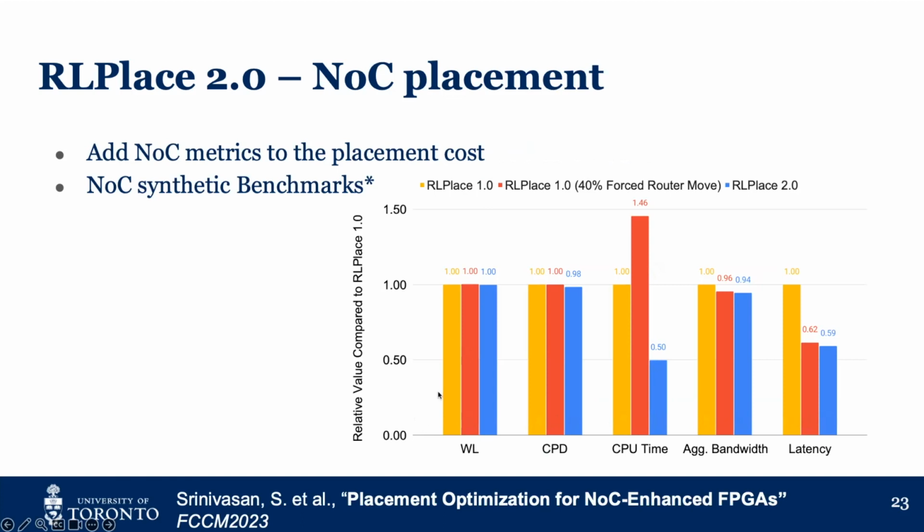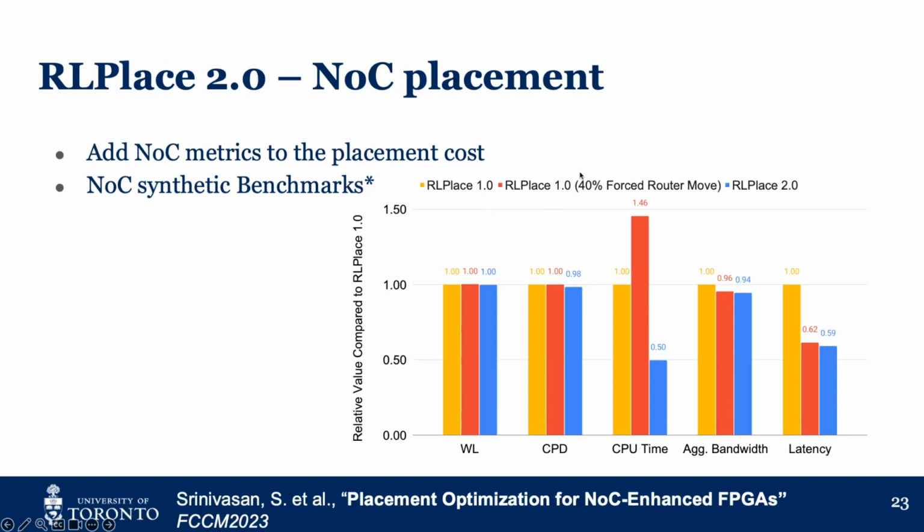First, RLPlace 1, which is our baseline here. But we found that in RLPlace 1, we very rarely try to move NOC routers because they are an appended resource in the netlist, and we are only picking the moving block randomly. So the probability of moving a NOC router was very low.